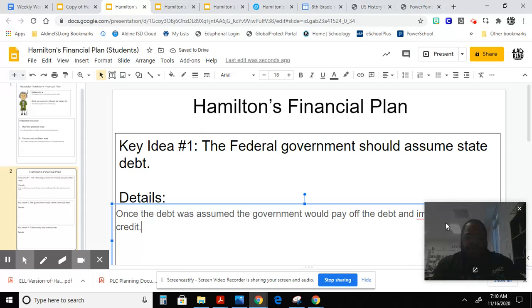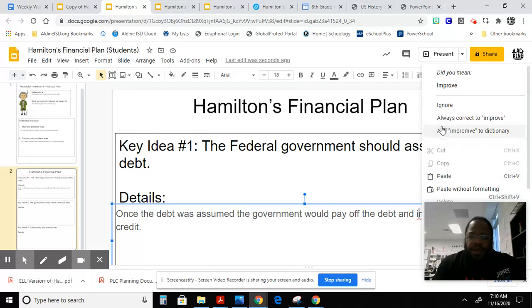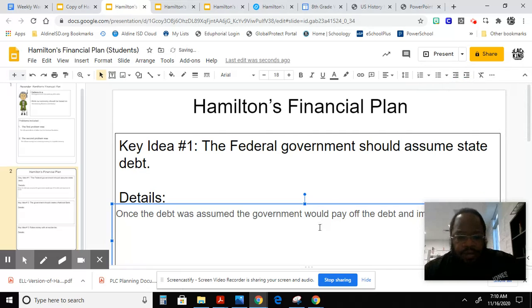So once the debt was assumed, the government would pay off the debt and improve its credit. It would be able to improve its credit.